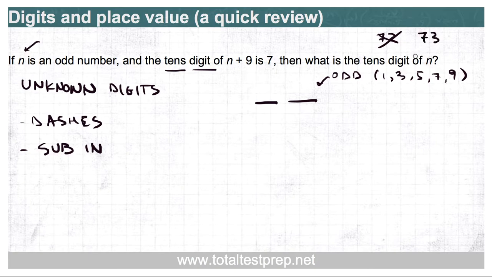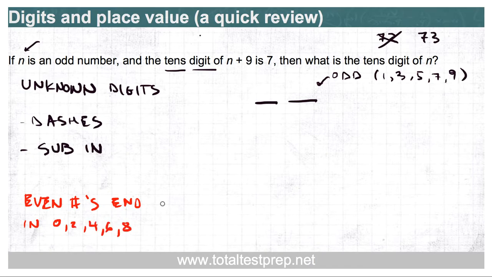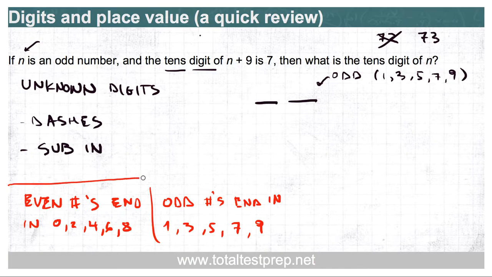So one way to think about odd and even numbers is that even numbers end in 0, 2, 4, 6, or 8, and odd numbers end in 1, 3, 5, 7, or 9. We'll cover even and odd in later lectures in a lot more depth.